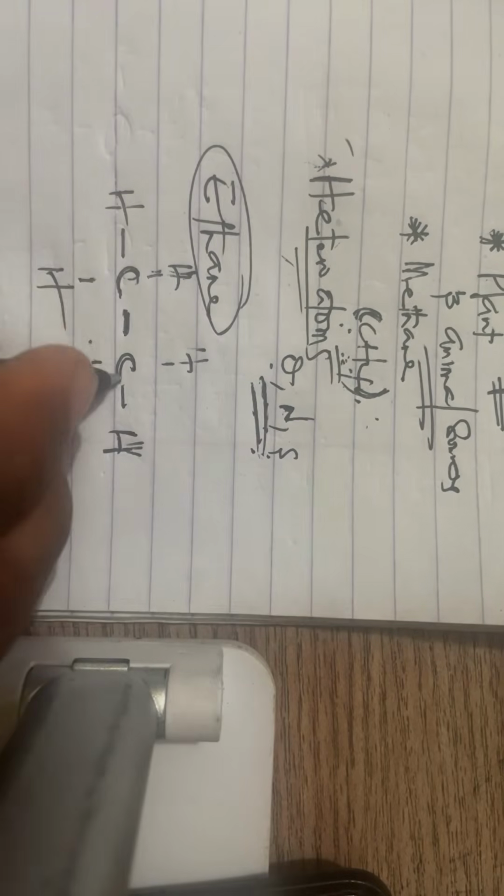So this is the structure of ethane. One thing we need to understand is that if you look at this structure, they are all single bonds. That's one thing that is peculiar to alkanes. They contain single bonds between carbon atoms.